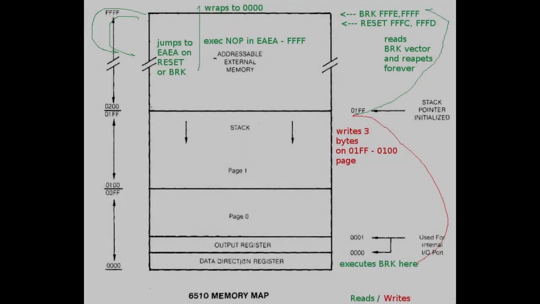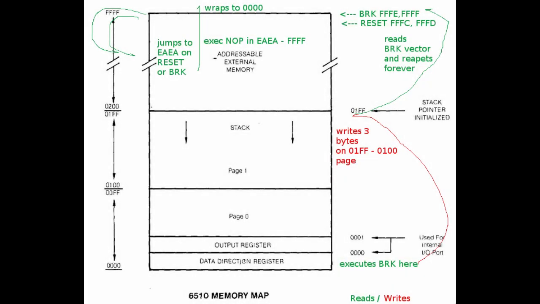So with this rather sketchy image, let's try to understand in detail what happens. When we first apply power and the reset signal is lifted, the 6510 reads the 2 locations FFFC and FFFD. Since we forced the data bus to the configuration EA, it will jump to EAEA hexadecimal and start executing NOP there, incrementing the address counter and reaching FFFF.